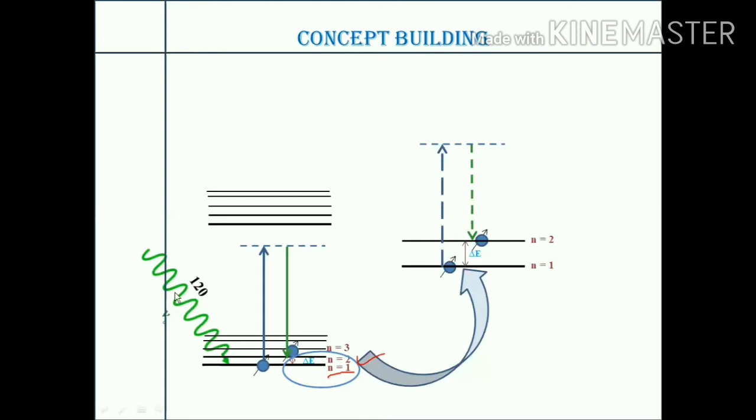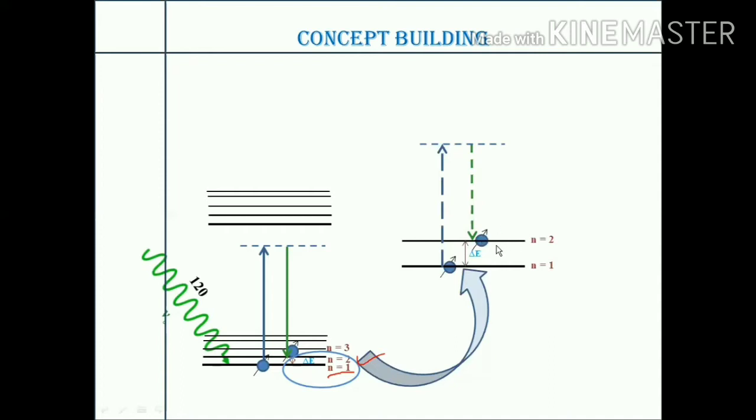So if I make the energy of this laser beam as 50, let's say, even after changing the energy of this beam to 50, it will have no effect on delta E. Delta E will remain the same. Why? Let's try to get some concepts out of it.